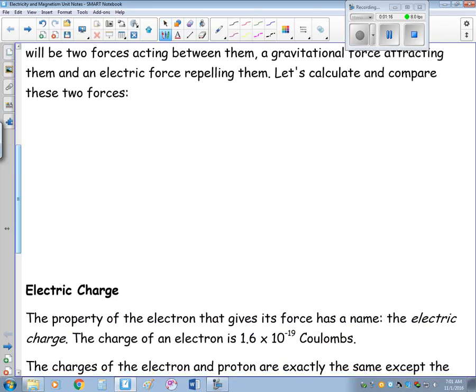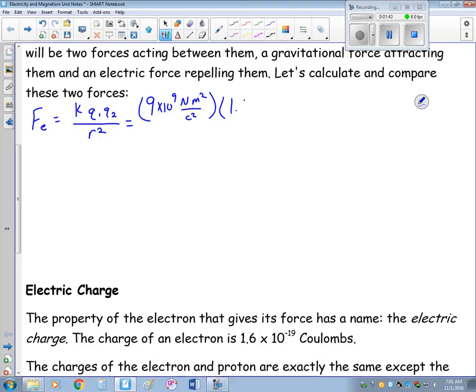So first, the electric force. The way we calculate electric forces is we take something called Coulomb's constant, and then the product of the 2 charges divided by the distance between them squared. Coulomb's constant is 9 billion. The charge of an electron is 1.6 times 10 to the negative 19th.